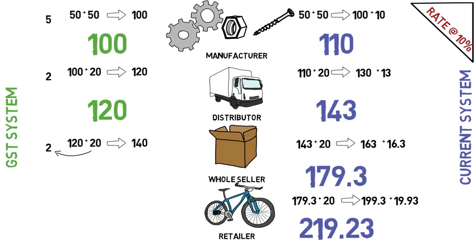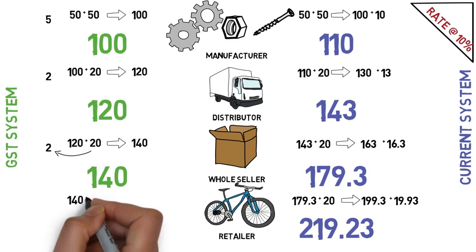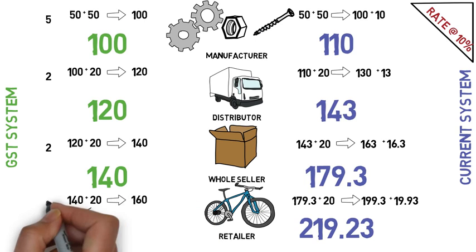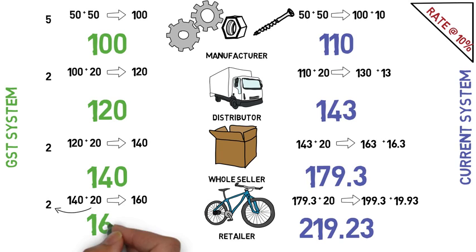The retailer buys the product for 140 rupees, adds a profit of 20 rupees, pays the taxes of 2 rupees on his profit of 20 rupees and raises the final consumer price to 160 rupees. So, if the prices are compared, the product is 59.23 rupees cheaper in the GST system than the current system.